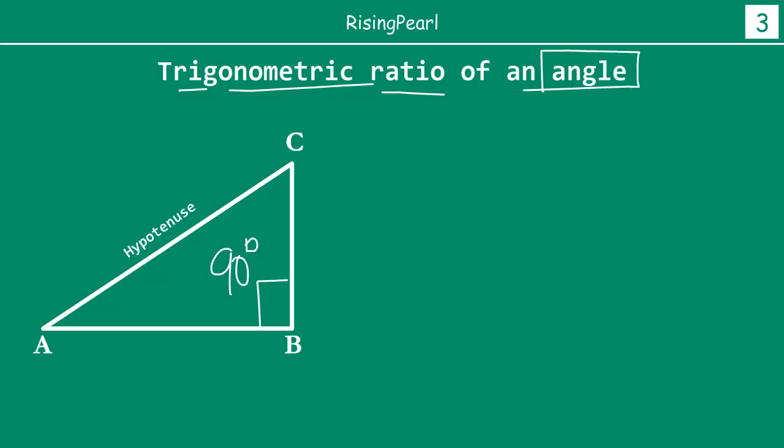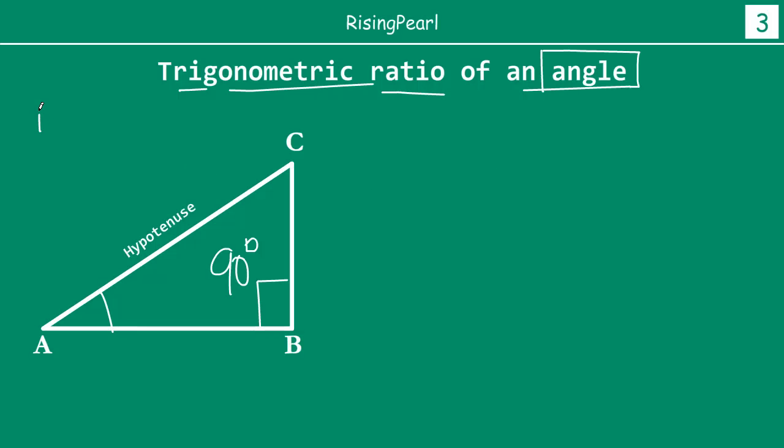Right? So here let's talk about trigonometric ratio of an angle, and let's use angle A as the angle that we want to find the trigonometric ratios of. Now there is one thing which is very important to understand, friends, which is which side is adjacent to the angle and which side is opposite to the angle.